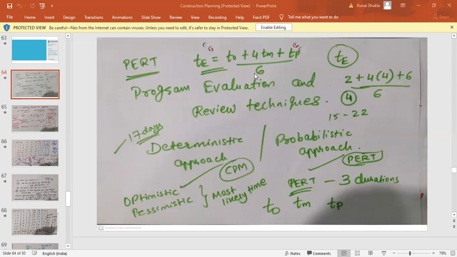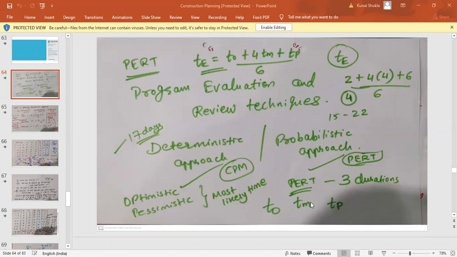Then pessimistic time is the maximum time. You can see that we first discussed the lowest range, and now we are discussing the highest range. The highest range is possible when the conditions are very abnormal, because otherwise you might finish the work anywhere in between. The maximum time required to complete an activity is known as pessimistic time. It is the time in which the activity is completed under abnormal conditions.